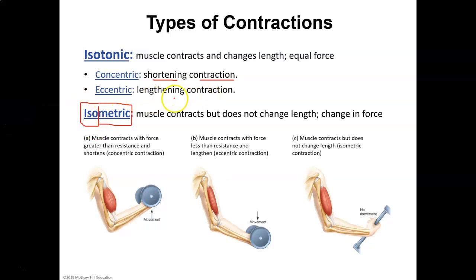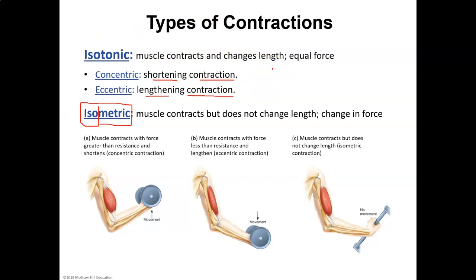So when you do that, that's called an eccentric contraction. Now it's a little weird, but what you're really doing there is you are slowly lengthening the sarcomere back to its original length. So when you concentrically contract the muscle, it shortens the sarcomere or shortens the muscle fiber.